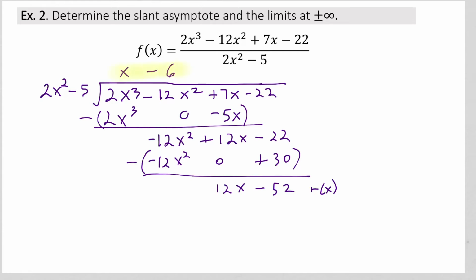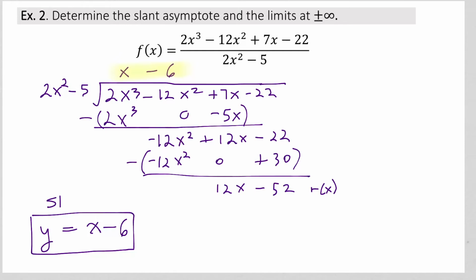We want this. All right, so our slant asymptote will be y is equal to x minus 6. So the limit as x approaches positive infinity of x minus 6 will give us our limit.